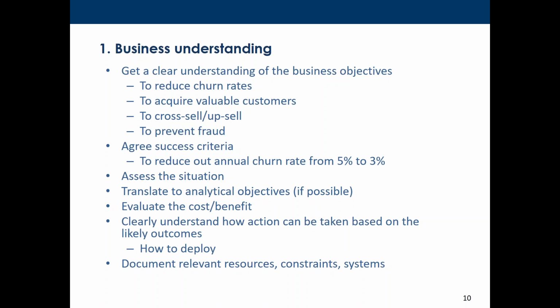It could be that we express the success criteria in terms of financial outcomes, KPIs. What the analyst then needs to do is to translate those business objectives into analytical objectives. What does that actually mean in terms of, for example, model accuracy or lift or whatever analytical criteria we're going to use? How do we achieve that from an analytical perspective?